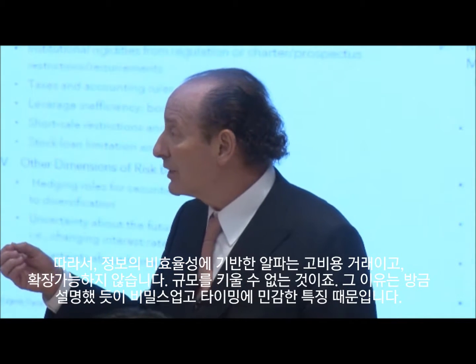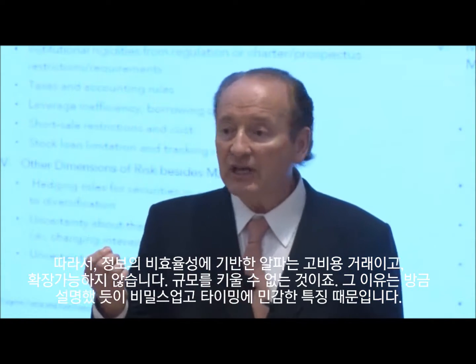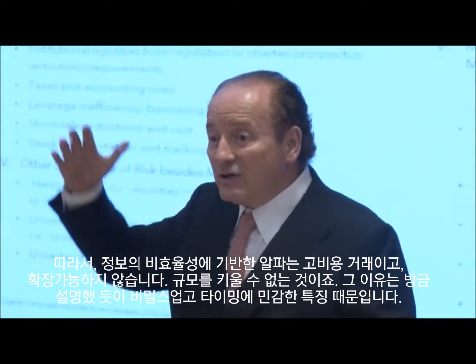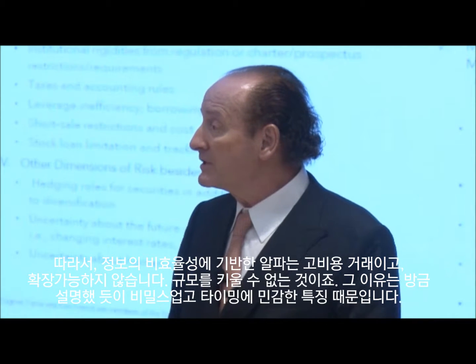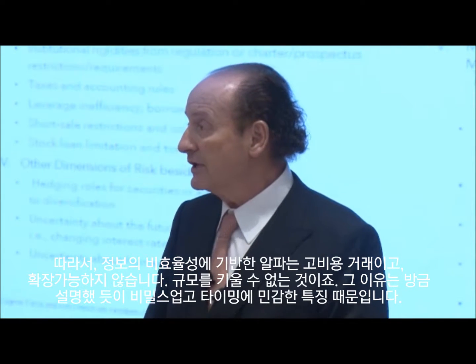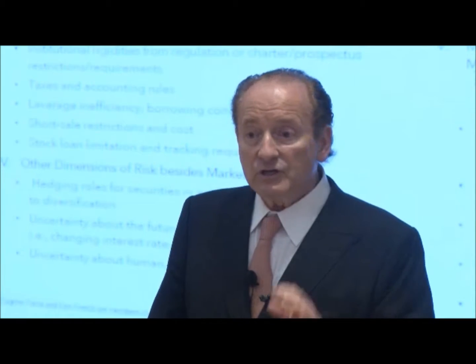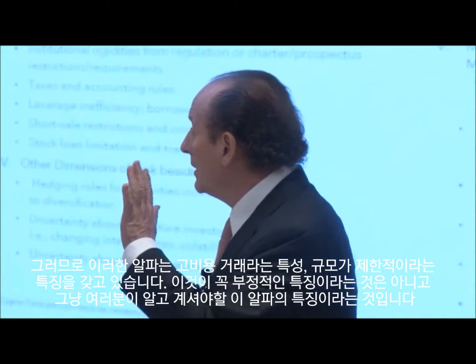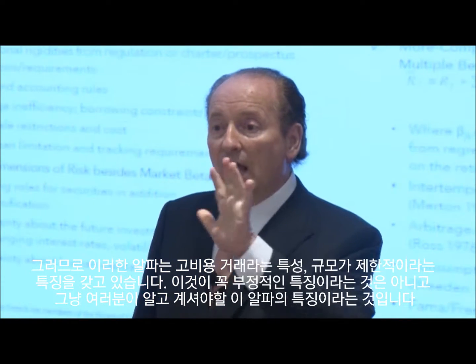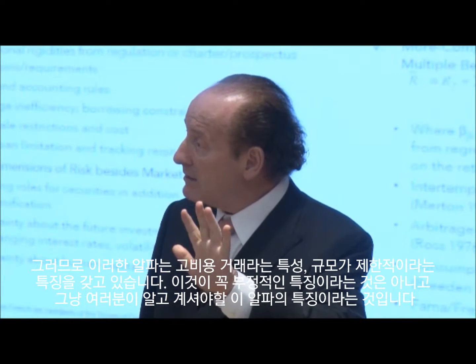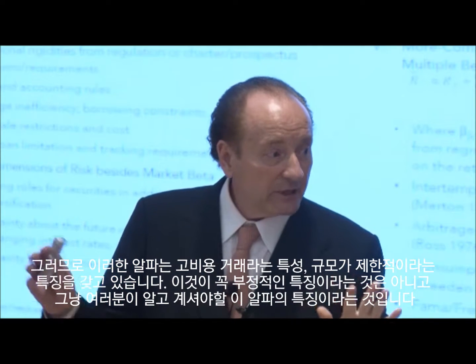So it's a high cost trade and it's not scalable. You can't do it in big size, for the very reason of the very specific and time-sensitive immediacy of the transaction. So this kind of alpha has the features, in implementation of trading, of high cost and limited scale. That's not bad, it's just a characteristic. Everybody okay?